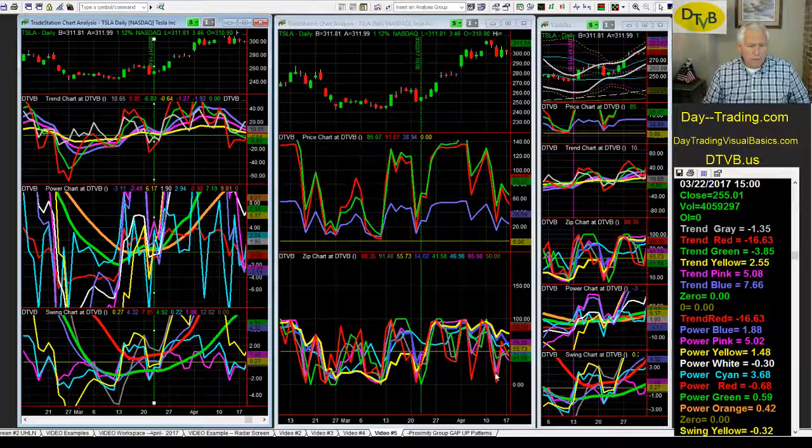And so they're really close together. When you've heard me talk about the gaps up patterns, you've heard me tell you about the close proximity that power green and power orange are at. And most of the time when you get gaps, power green and power orange are less than 0.15.